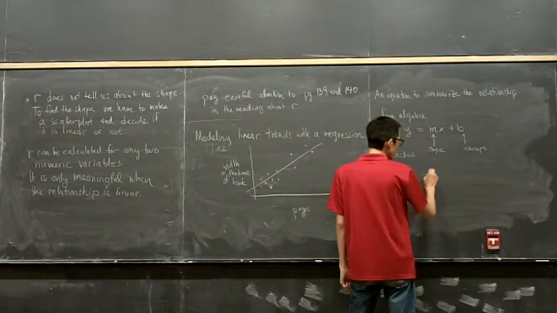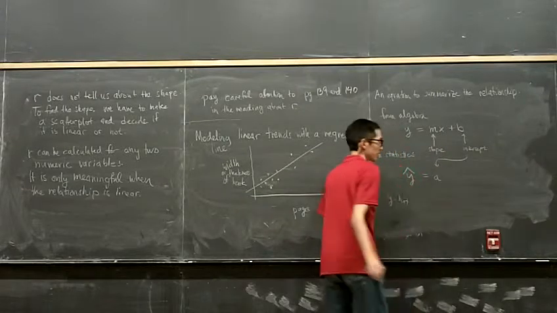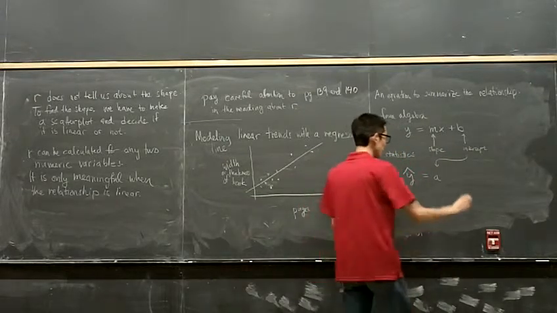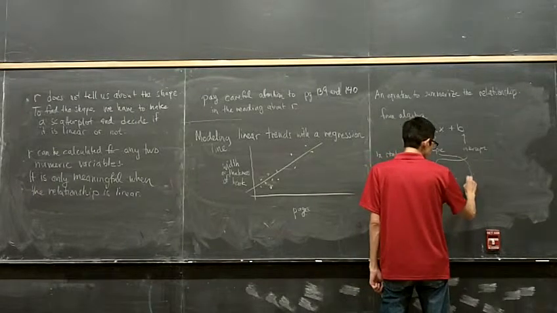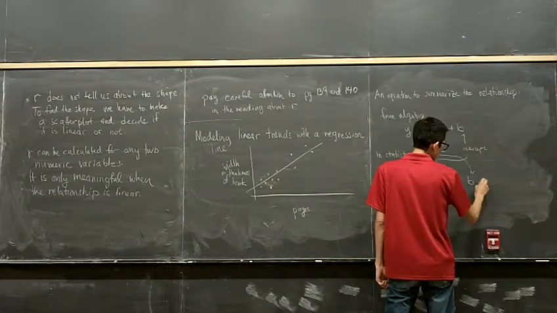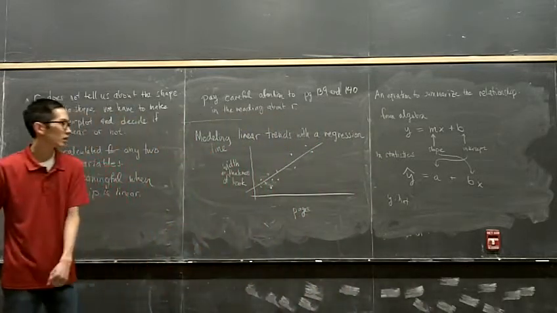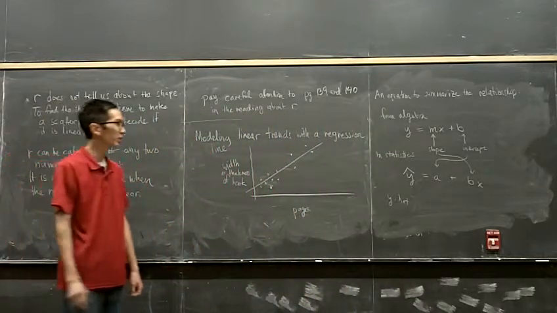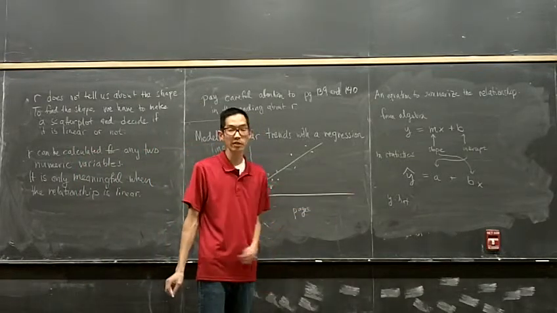Okay, and this is equal to a plus bx: the intercept comes over here and we use the letter a, and the slope comes over here and we call it b. So here the slope is b, and the intercept is a, and the value we're trying to calculate is y hat.